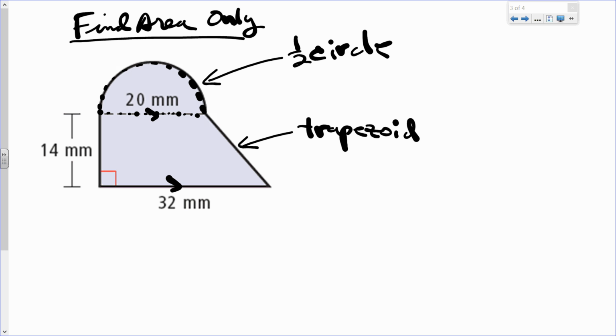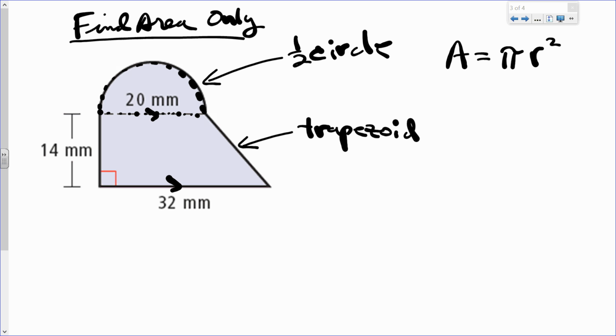So here's what we're going to do. To find the area of half a circle, I'm going to pretend the whole circle is there. You guys remember the area of a circle? What's the formula? Hit it, Miss Marquez. Pi times radius to the second power, right? But that's if we have a whole circle.